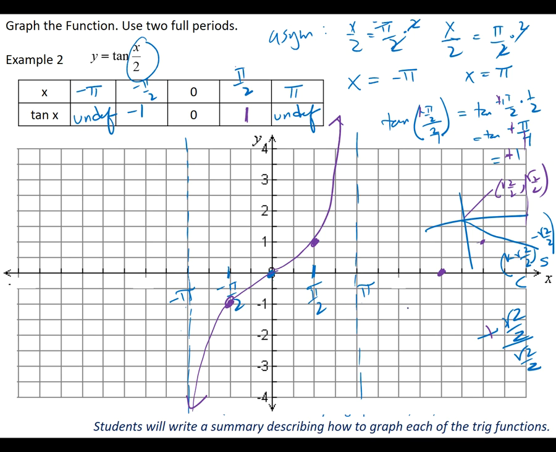Go the other way. That one kind of looks like that. I could have gone this way instead. Pick one direction. Okay. What happened?